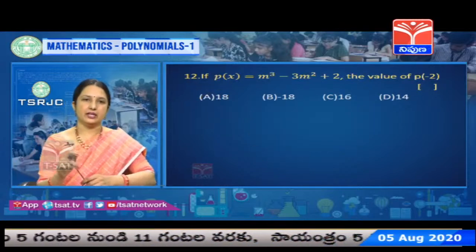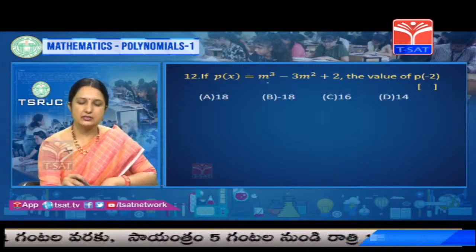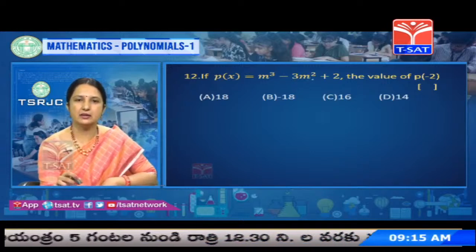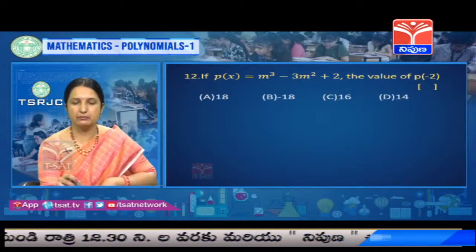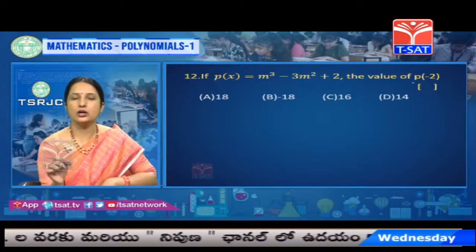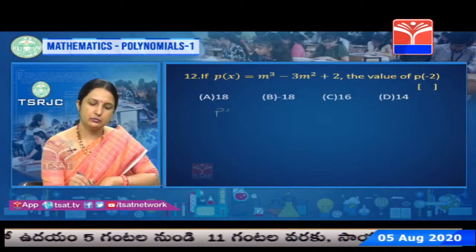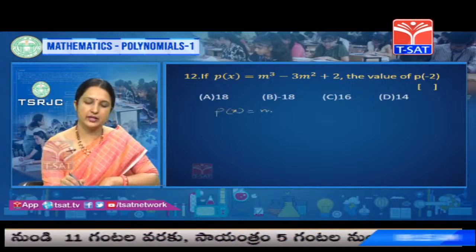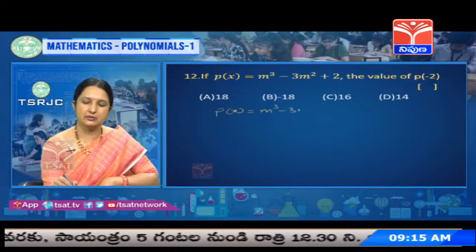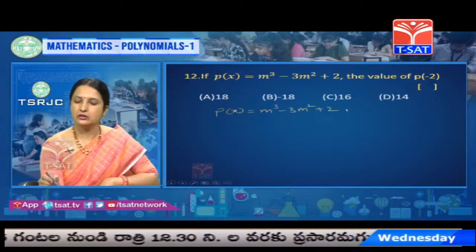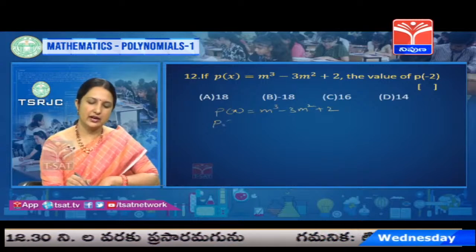Next, question number 12. If P of x equals m power 3 minus 3 into m power 2 plus 2, the value of P of minus 2. So, first you write P of x equals m cube minus 3m square plus 2. So, P of minus 2 we have to find out.